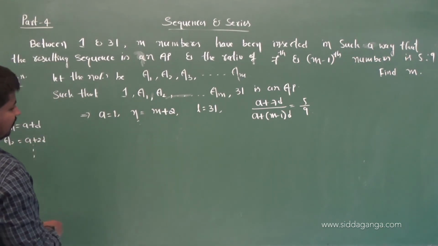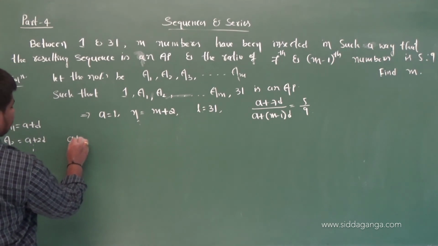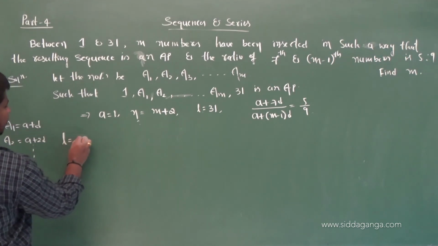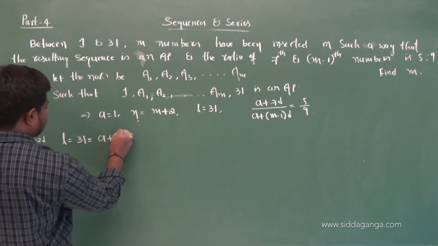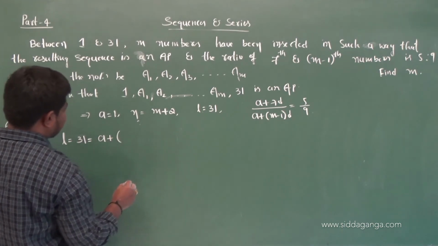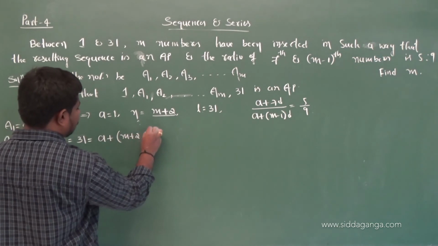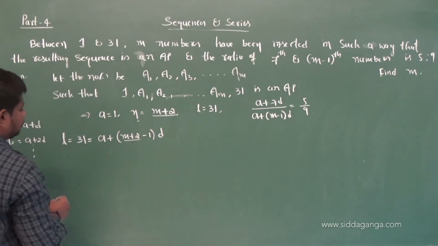Let me find d first. The last term l is 31, which is equal to a plus (n minus 1) into d. What is n? Actually m plus 2, the number of terms.